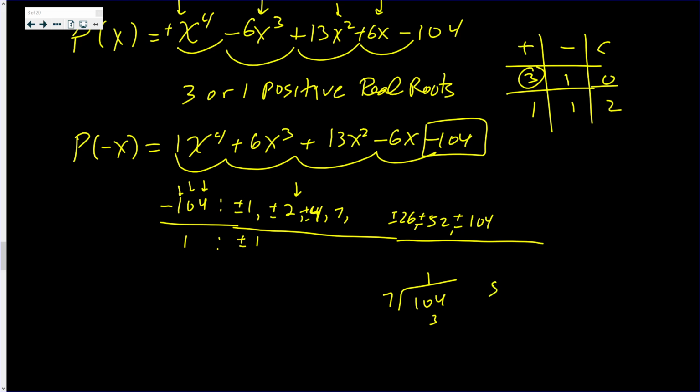Yeah, sorry, 8 was the one that went in 13 times. 9 doesn't go in. 10 doesn't go in. 11 doesn't go in. 11 times 9 is 99, 5 left over. 12 doesn't go in because 3 didn't go in. And 13 does go in. And that's where we stop, because I already said 13.